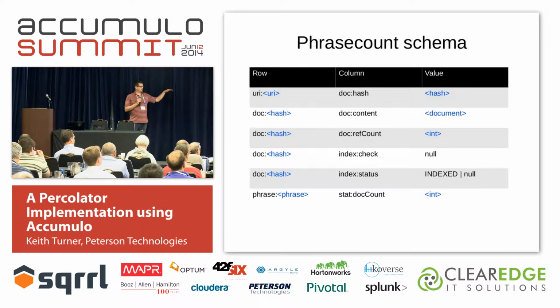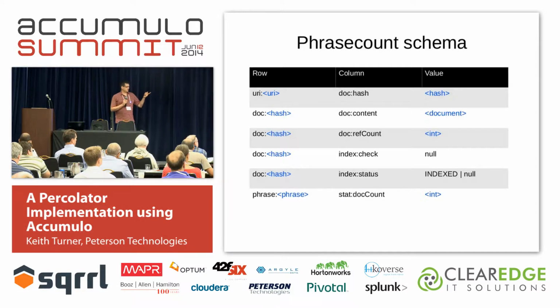And then I'll have the phrases, and then the count associated with the phrase. So one of the interesting things is I'm just keeping track of my state. You see I have doc hash doc reference count. So I'll keep track of the reference count for each document. That's how many sources, like when I had the two URIs that referenced that one document, that's just a reference count that I can keep and update transactionally.